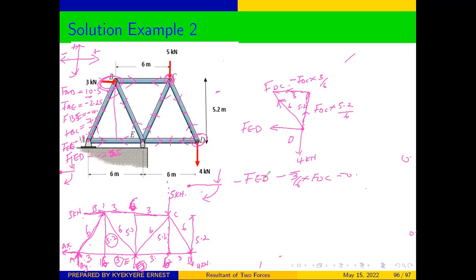We already know FED, which is negative 2.25. Therefore, our result will be minus 0.5 times negative 2.25. And from there, our FBC will be equal to 4.5 kilonewtons.